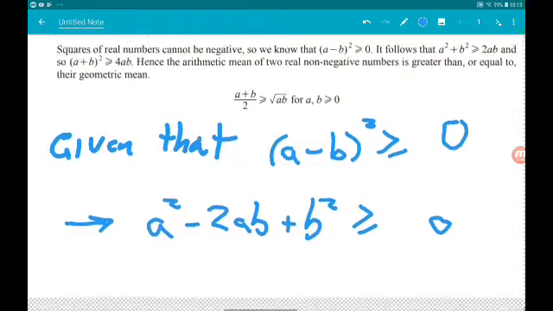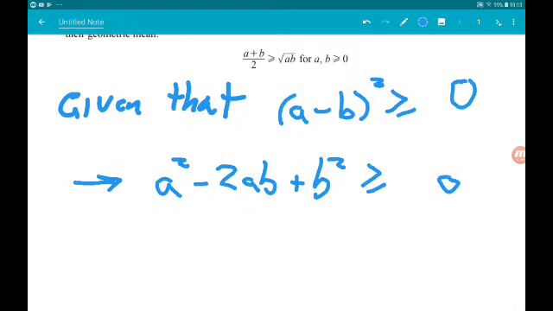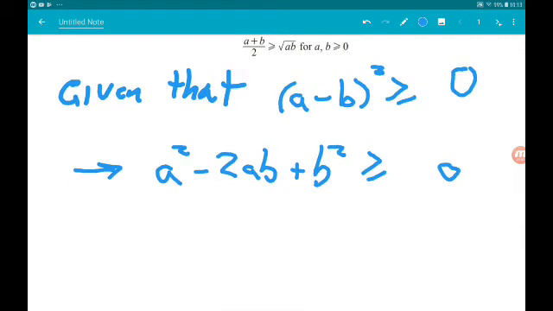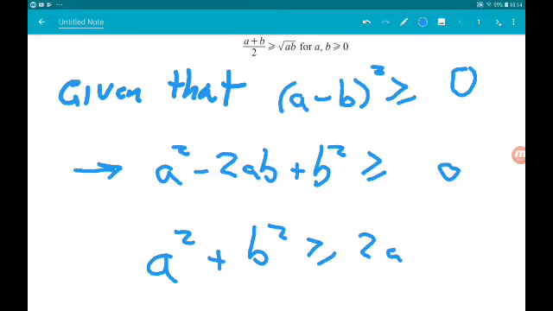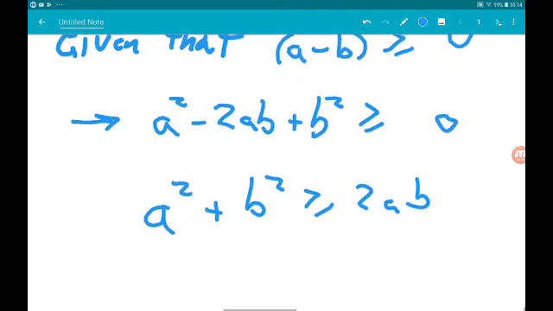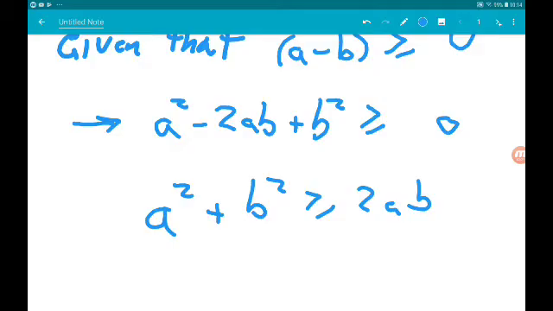Now let's add 2ab, so we get a squared add b squared is greater than or equal to 2ab. Now on the left we want to end up with a plus b on top, and on the right we're going to have a square root of ab.